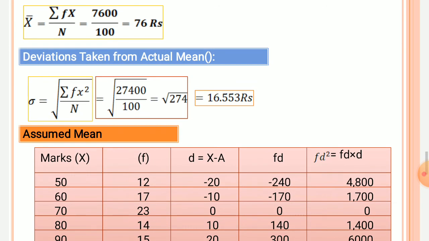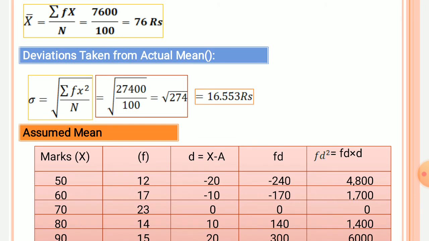Now deviations are taken from actual mean, or arithmetic mean. So when actual mean or arithmetic mean is used to take deviations of all the items, then the formula to calculate sigma is equal to root of sigma fx square by n, is equal to sigma fx square 27,400 divided by n 100 equals root of 274 equals 16.553.